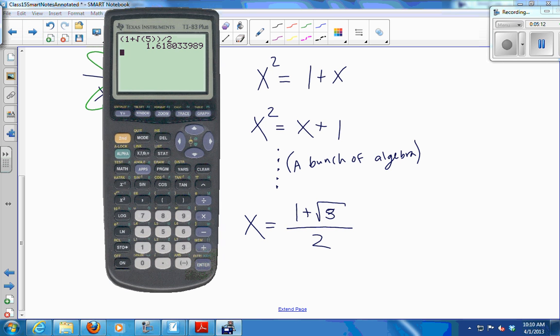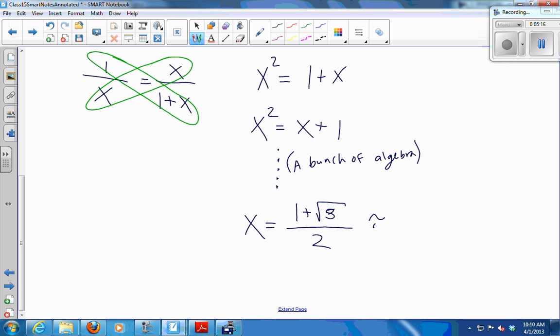And I get 1.61803, and on and on and on. And what is that number? 1.61803 is known as phi. Yeah, this is phi, the golden ratio. So x equals phi.